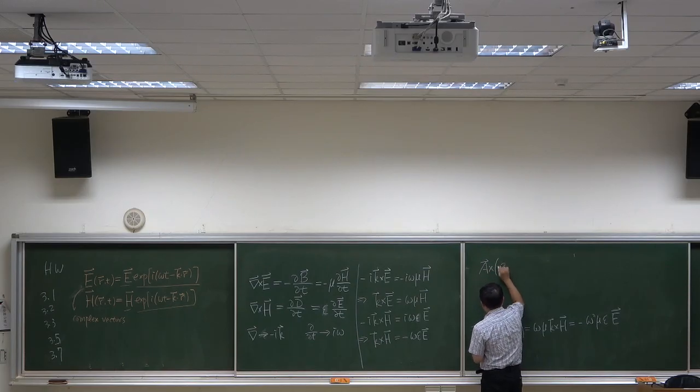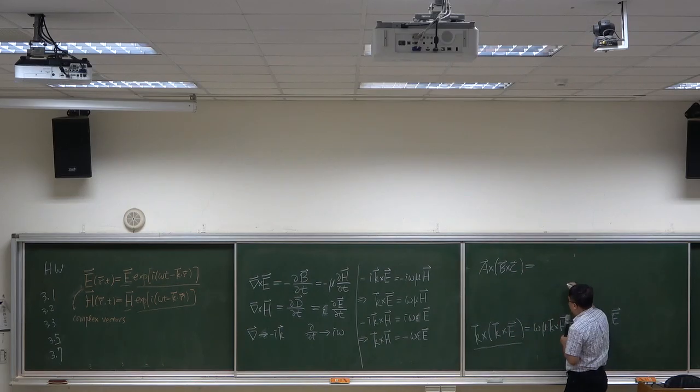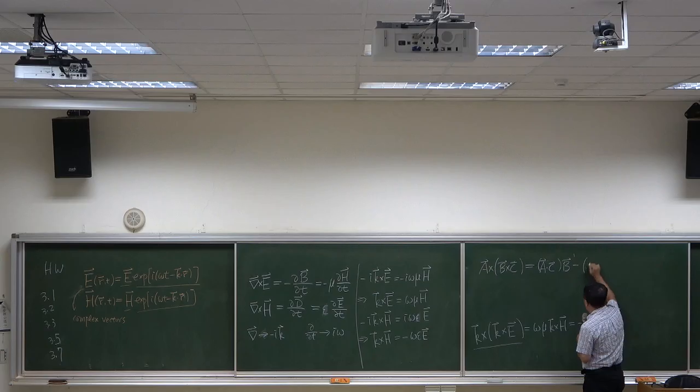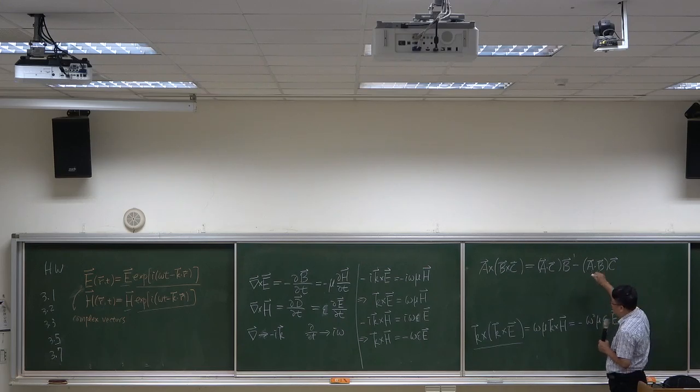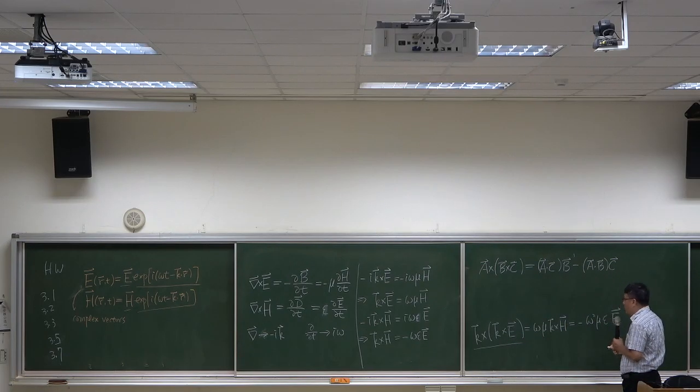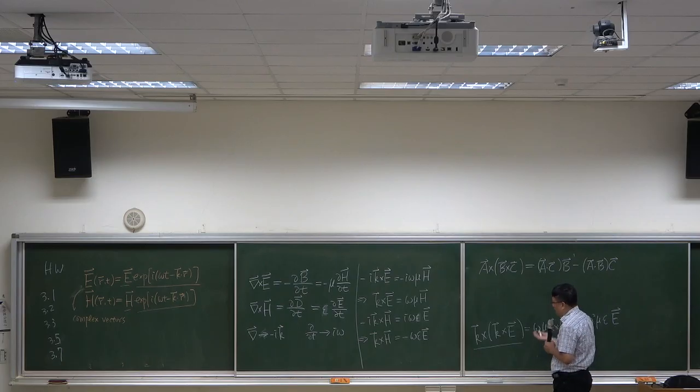When we encounter A cross B cross C, there is a formula: A dot C times B minus A dot B times C. Okay. If you are not familiar with this formula, you can check chapter 1 of some electrodynamics book or the final page inside the cover. Okay.